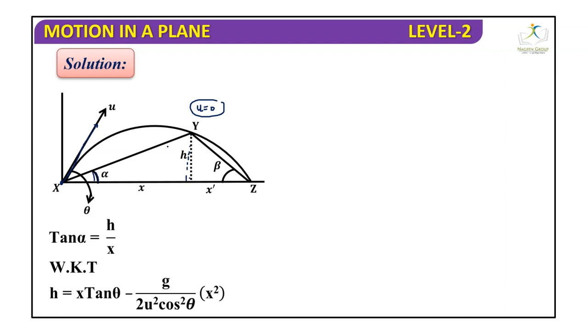So when we apply the formula, h is equal to x tan theta minus g by 2u square cos square theta times x square. Here I applied the equation for projectile motion.